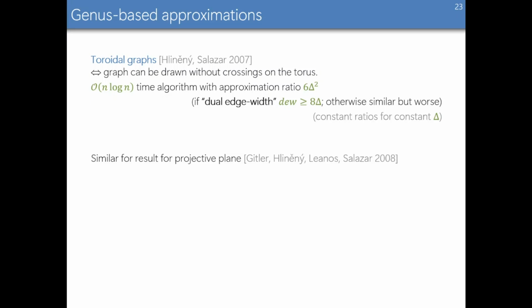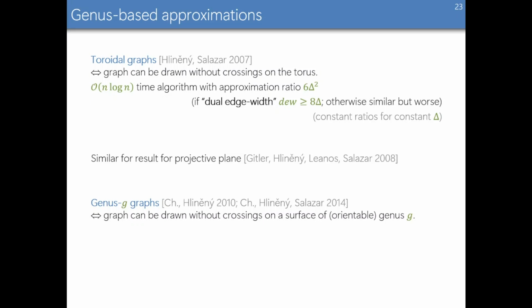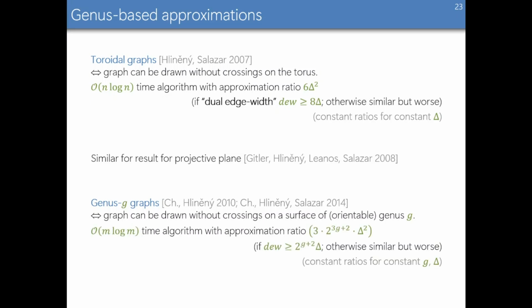More interesting is that this toroidal case can be generalized to genus g graphs. So a genus g graph is a graph that can be drawn on some surface of genus g. So the torus is the genus 1 surface. The typical planar graph is the same as drawing something on the sphere. That's the genus 0 surface. And if you have any other genus g, then you can also find an approximation ratio, which has an algorithm in running time m log m.